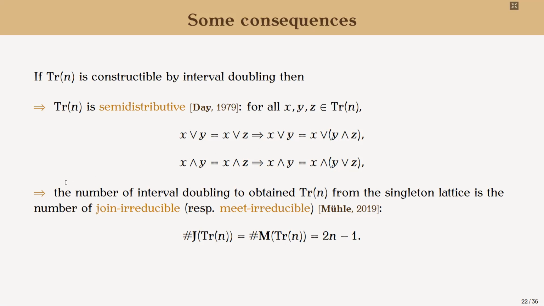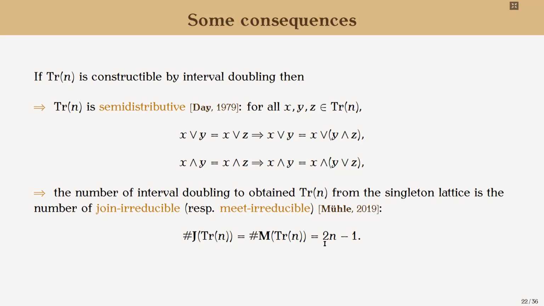The second consequence is that since we just have to make two doubling operations from the Hochschild poset of size n-1 to obtain the Hochschild poset of size n, we can conclude that to obtain the Hochschild poset of size n from the singleton lattice, we need 2n-1 doubling operations.